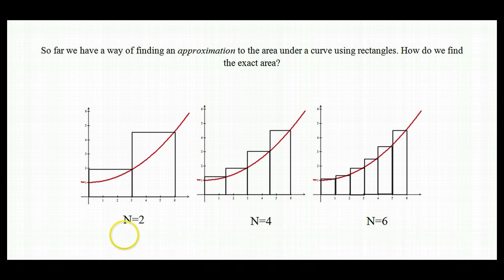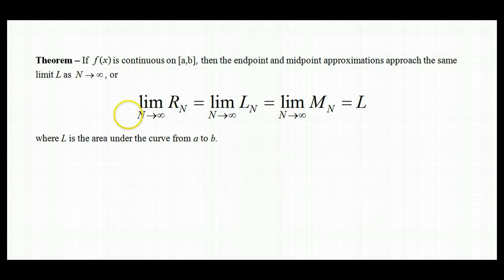And if you're thinking of the word limit, then I would definitely say that we've gone a long way, because limits is what ties everything together. So what we're going to do is take a limit of these sums of rectangles. The last theorem of this whole section, that was really long, I know, says that if f of x is a continuous function on a to b, then the endpoint and midpoint approximations approach the same limit L as n approaches infinity.